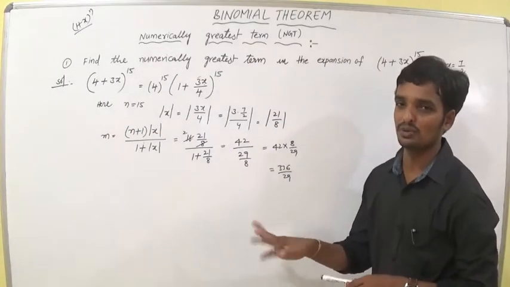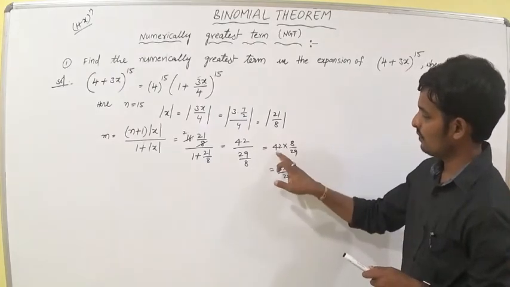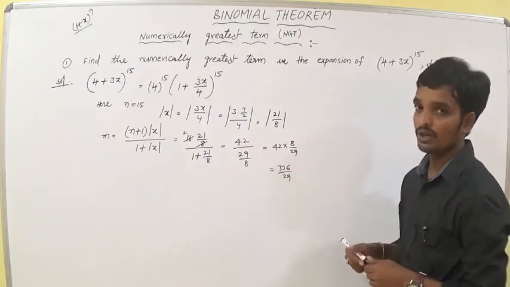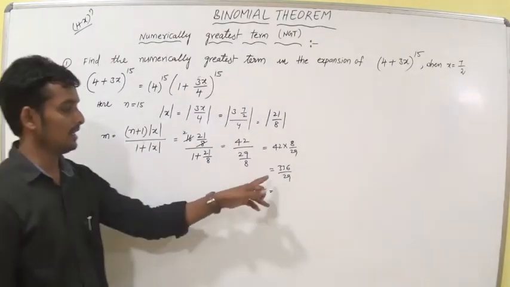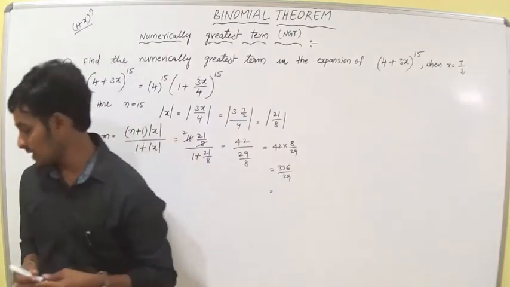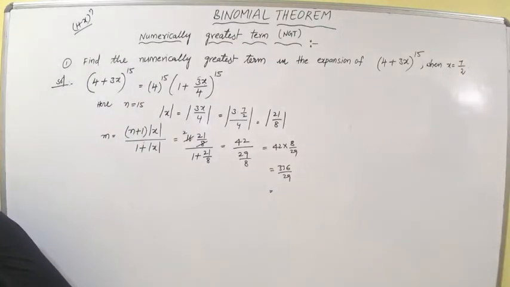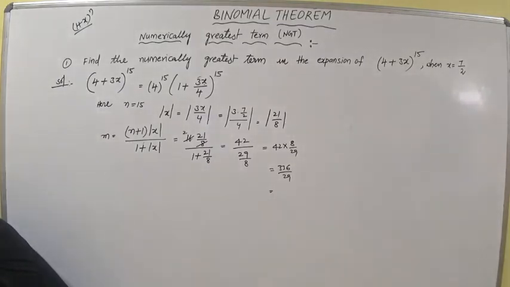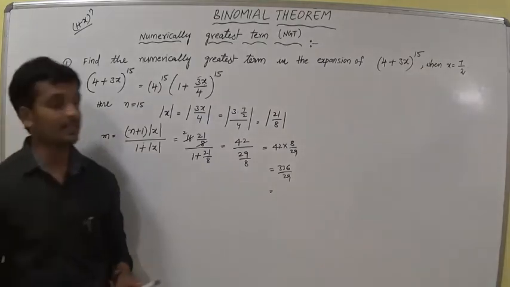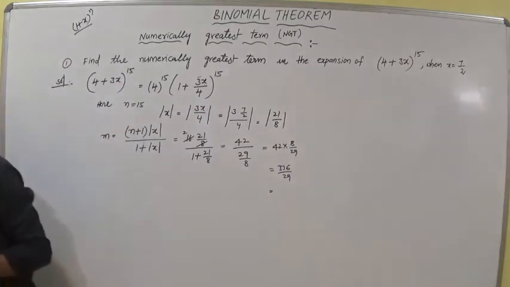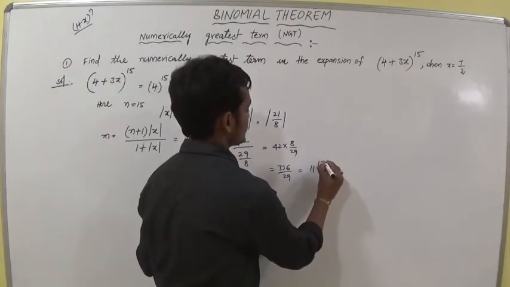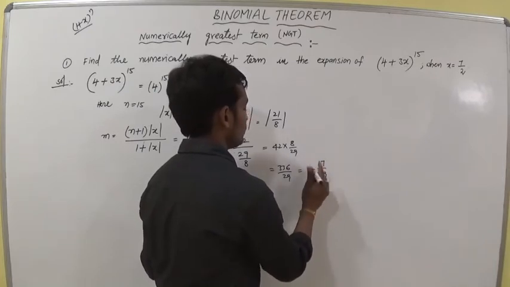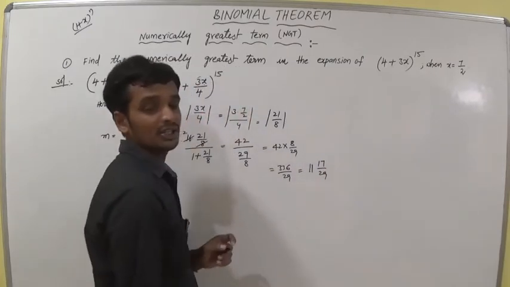They are not giving 1, 2, 3, 4 values. They are giving some other values. So 42 into 8 is equal to 336 by 29. That means the value of m, if you divide 336 by 29, we can change into a mixed fraction, that gives 11 17 by 29.